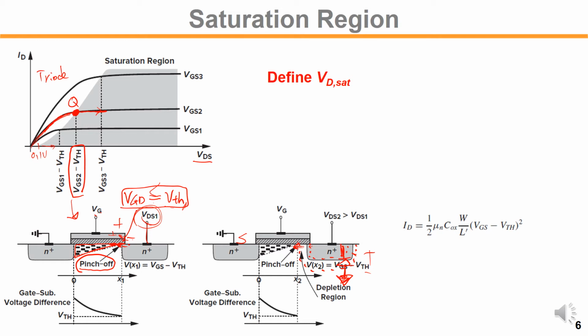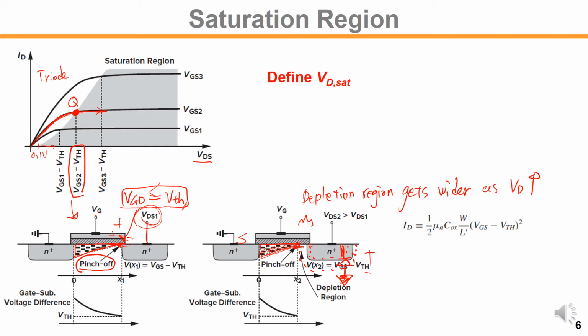The depletion region gets wider as VD goes up, right? So once that pinch off happens and the VDS goes up, the electron profile doesn't change.